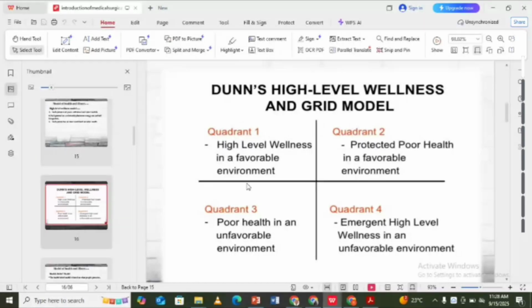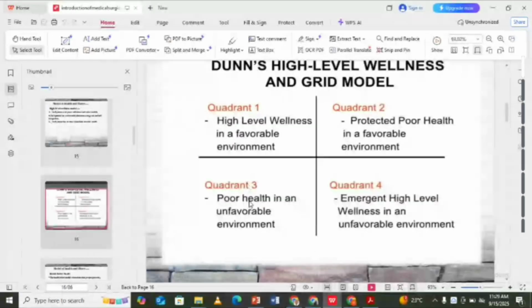But again, the disease process is within manageable grounds where one has control over it. Then we have poor health in unfavorable environment.